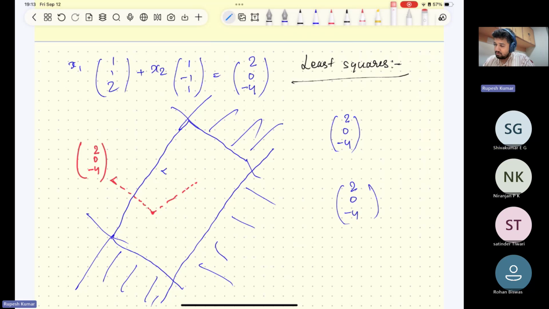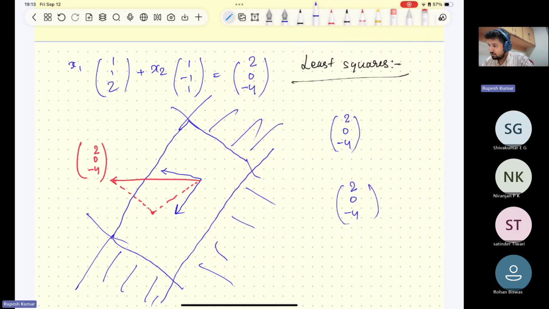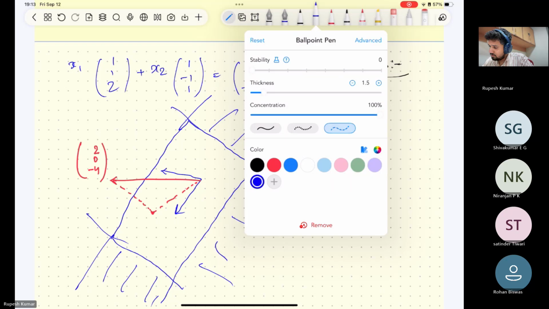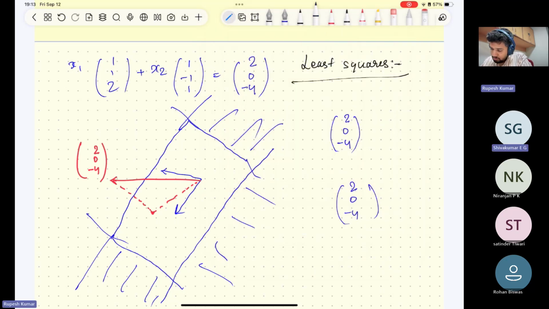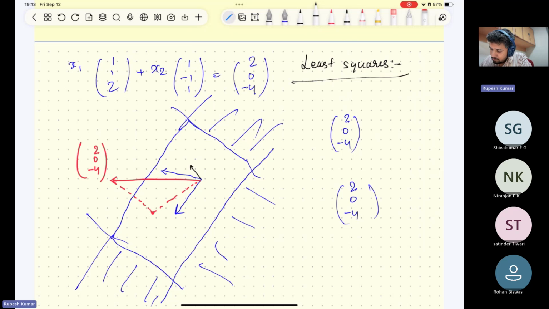Let's use black to denote the normal to this plane. Let's say this is the normal vector n cap to this plane. This is essentially perpendicular to the plane.